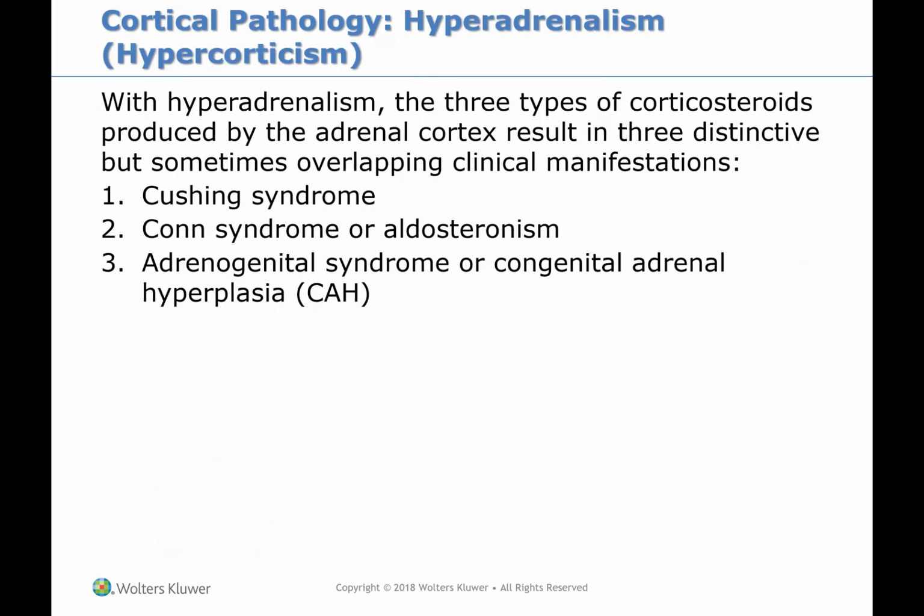With hyperadrenalism, the three types of corticosteroids produced by the adrenal cortex result in three distinctive but sometimes overlapping clinical manifestations: Cushing's syndrome, Conn syndrome, or adrenogenital syndrome, or congenital adrenal hyperplasia, or CAH.